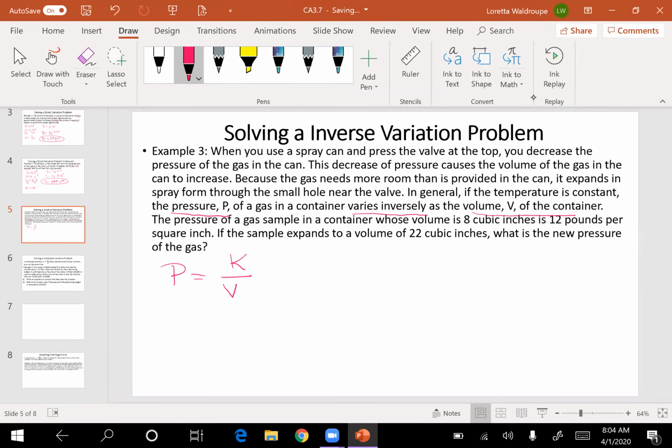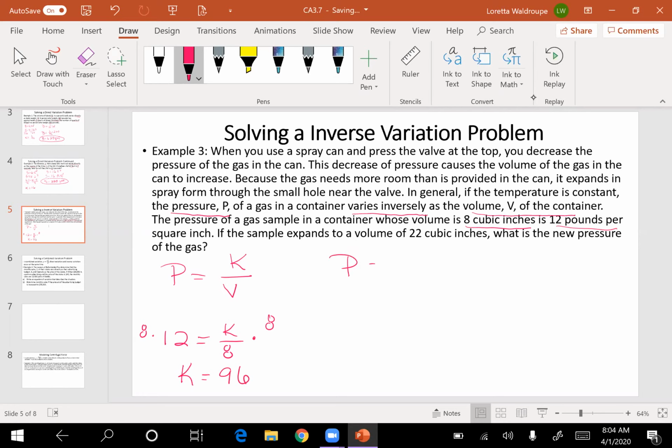The pressure of gas in a container whose volume is 8 is 12 pounds. So for a volume of 8, the pressure is 12. In this case, to find K, I've got to multiply both sides by 8. So I get K equals 96.